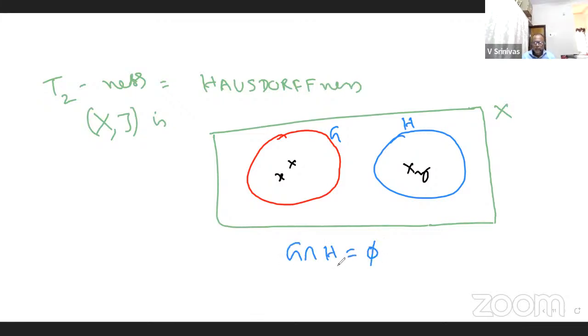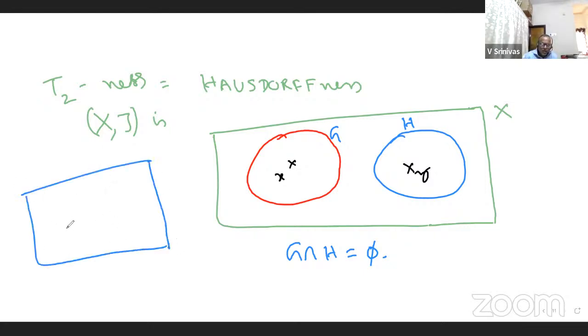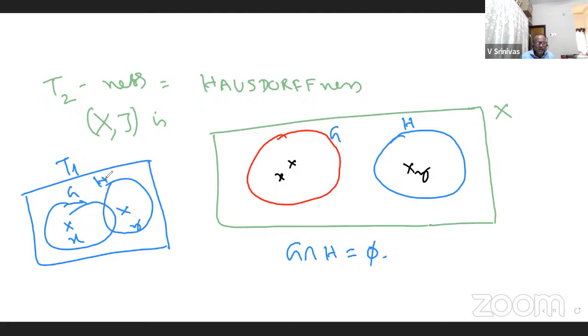In T1ness, we are not asking for disjointness of G and H. Your G and H need not be disjoint. They may have some common elements, but X belongs to G minus H and Y belongs to H minus G. But in T2ness we insist that these two are disjoint open neighborhoods.